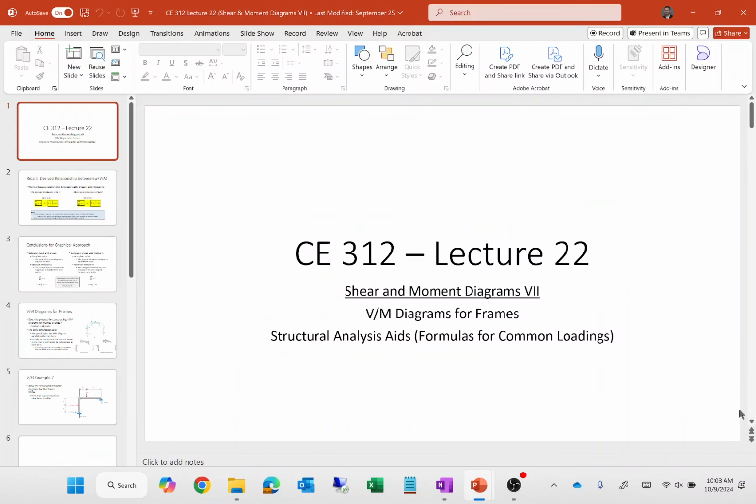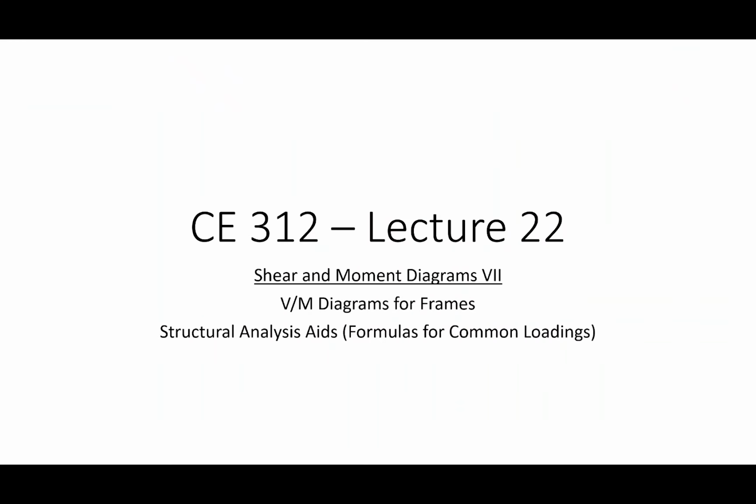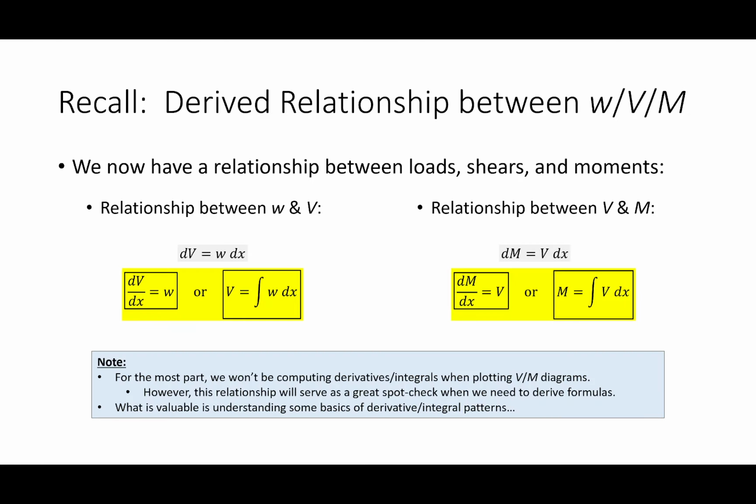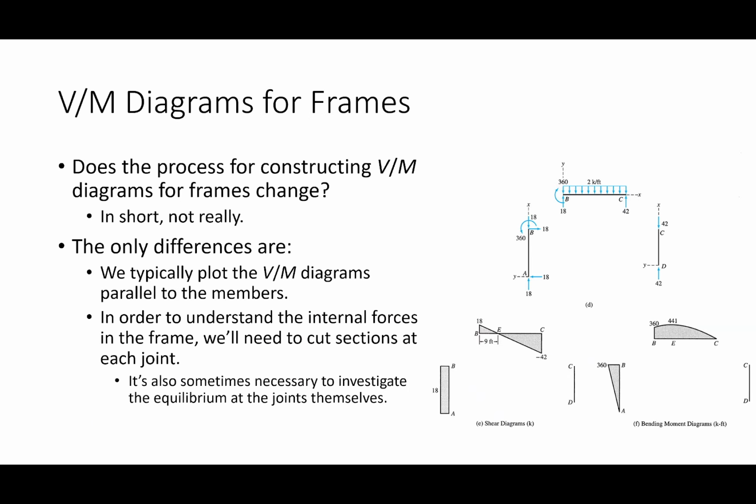So our last topic of our foray into shear and moment diagrams is to discuss shear and moment diagrams for frames. We're still going to use the same principles, so I'm going to skip through that part pretty quickly. What changes for shear and moment diagrams for frames? Nothing, not really. But what does change is orientation.